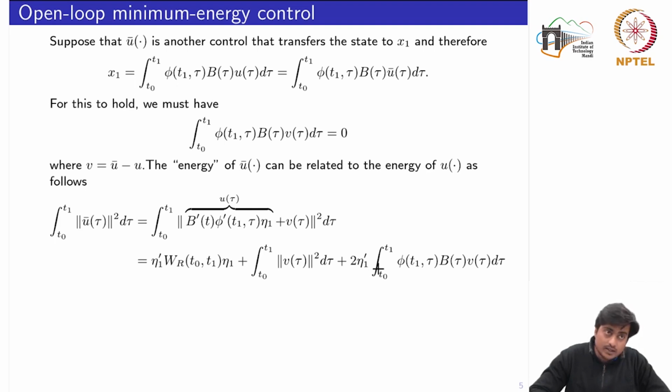by keeping the vector notations in mind. So if we specify this one, norm u square can be represented by u transpose into u, and u transpose into u would be eta 1 transpose phi B, B transpose phi transpose eta 1.